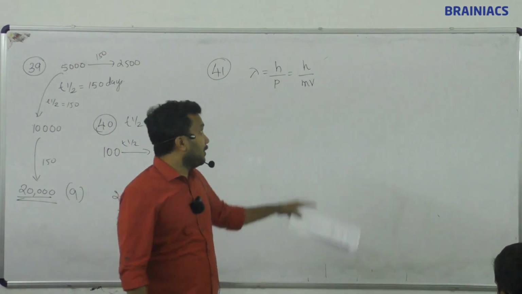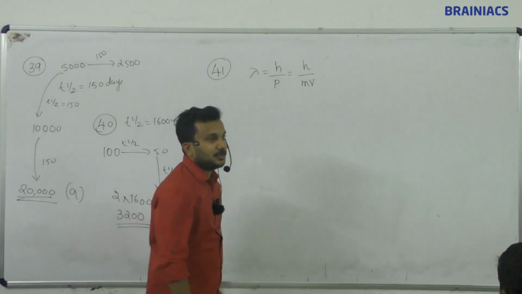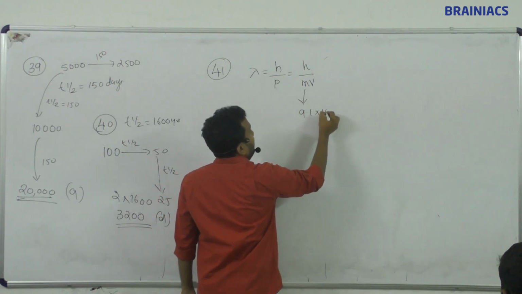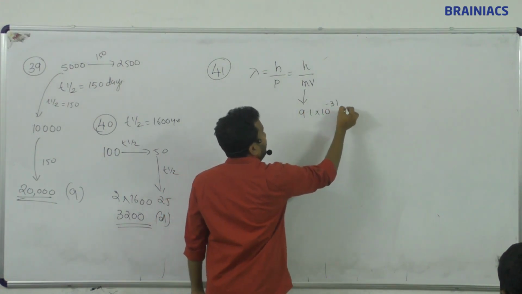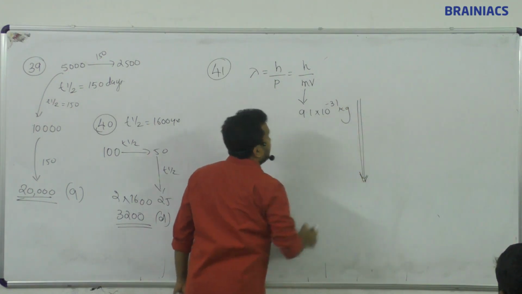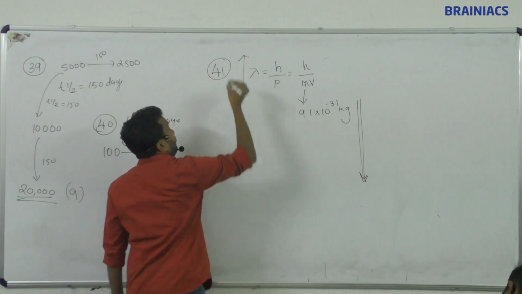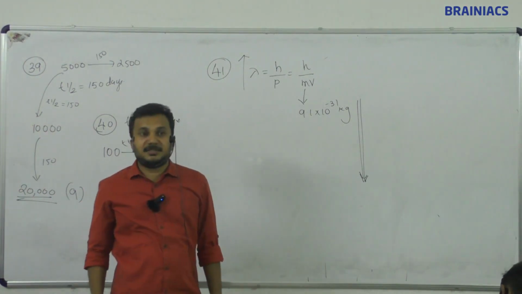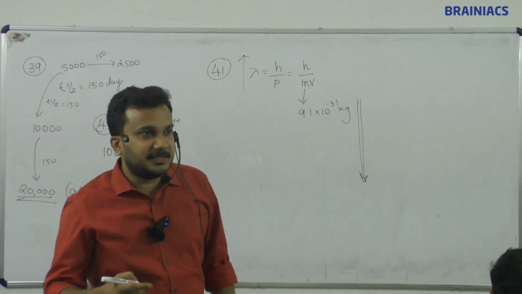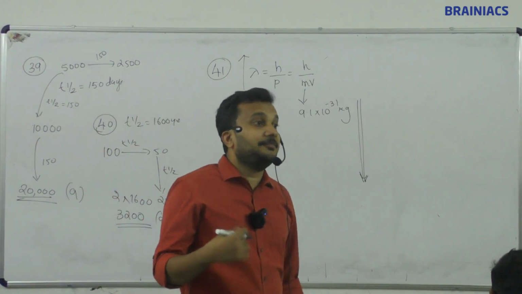Now the mass of the electron is how much? 9.1 into 10 power minus 31 kilogram. Mass is very less. The lambda is very high, which means the electron is showing the highest wavelength. Highest wavelength means the electron is behaving with wave nature.